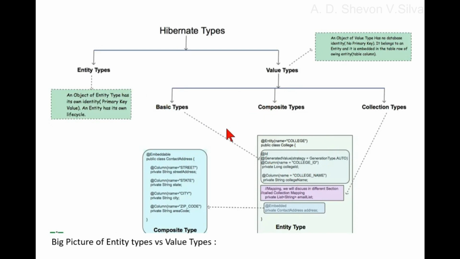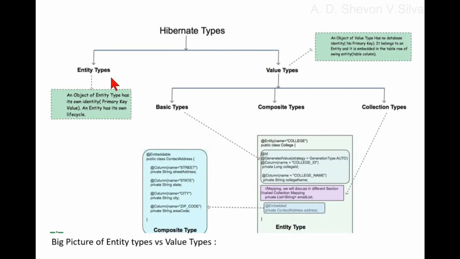Entity types. If an object has its own database identity, a primary key value, then its type is entity type.